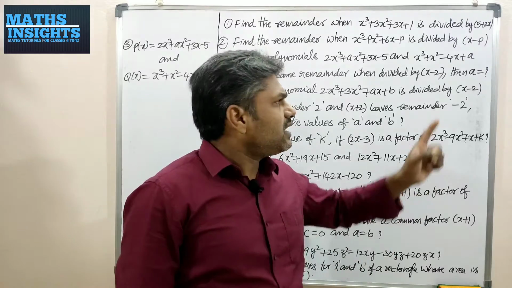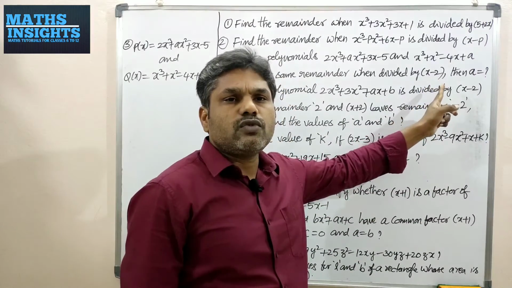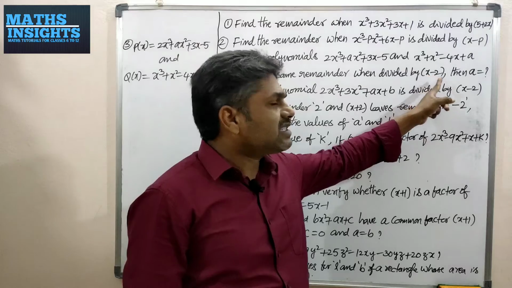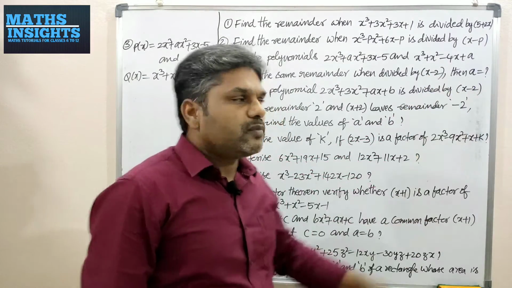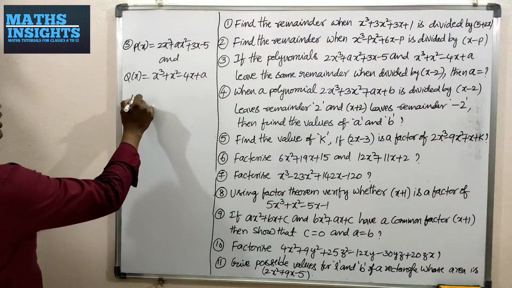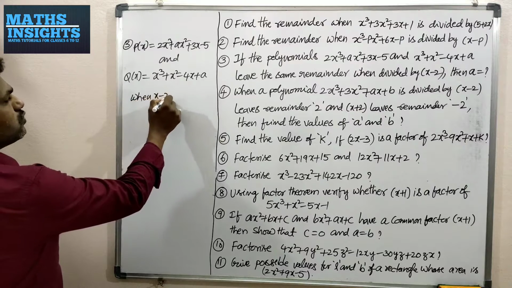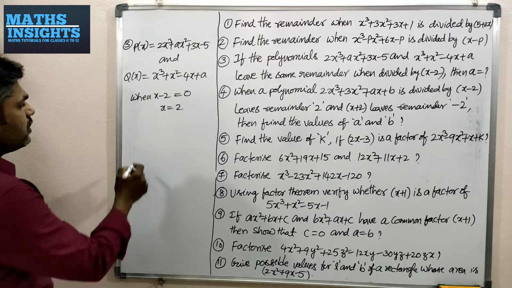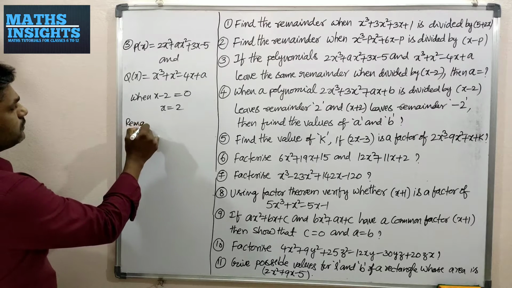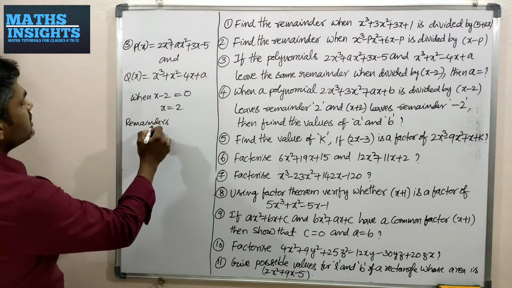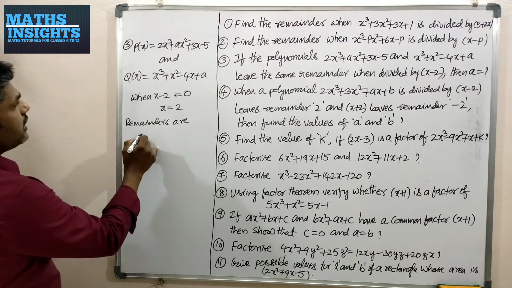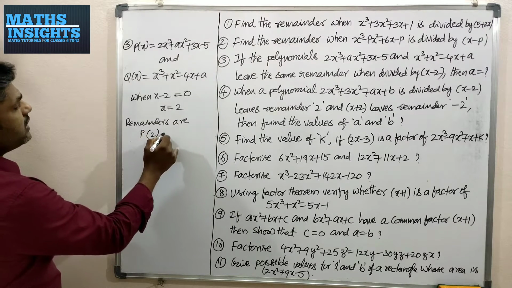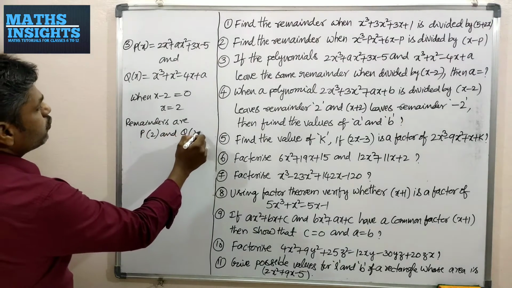When any polynomial is divided by x minus 2, you have to substitute x equals 2 and find the remainder. When x minus 2 equals 0, then x will become 2. Therefore the remainders are p of 2 and q of 2.